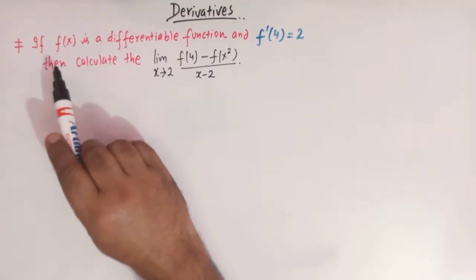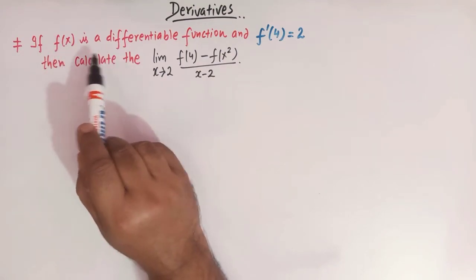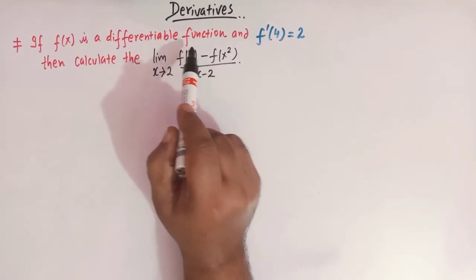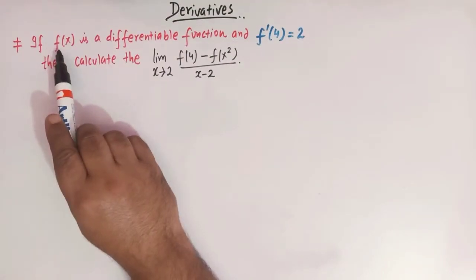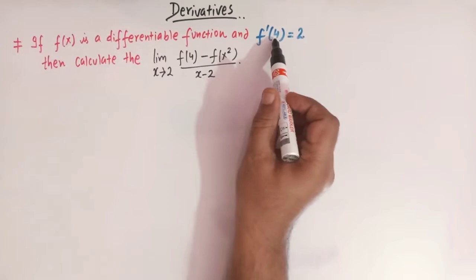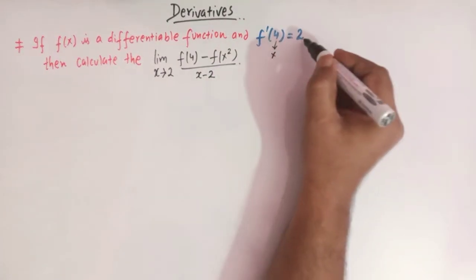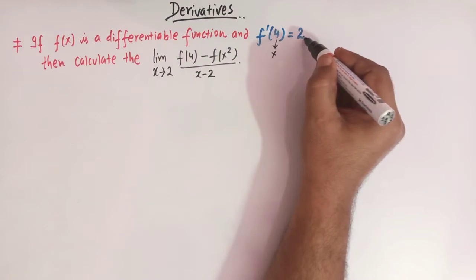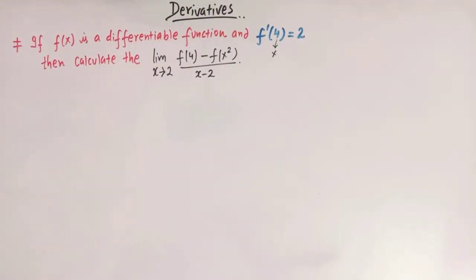So what we are given is that f of x is a differentiable function, and the second thing is that the derivative of this function at x equal to 4 is equal to 2. Then we have to calculate the value of this limit.